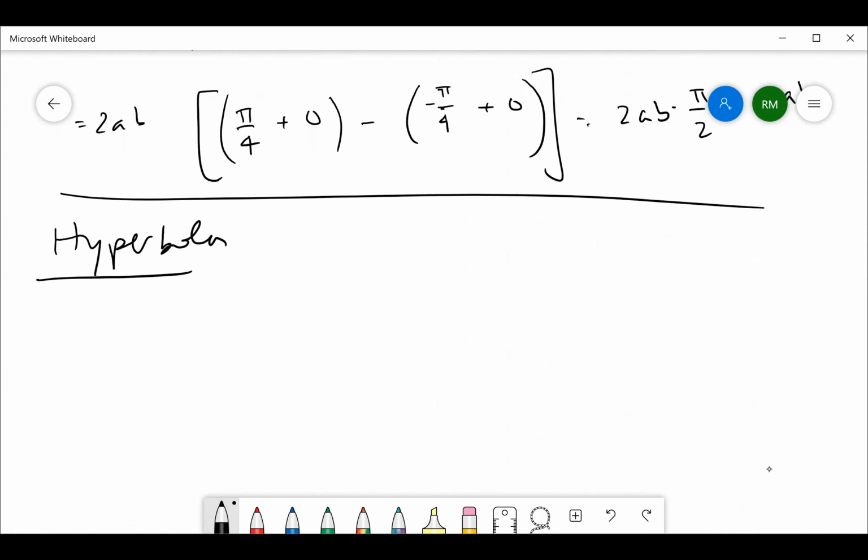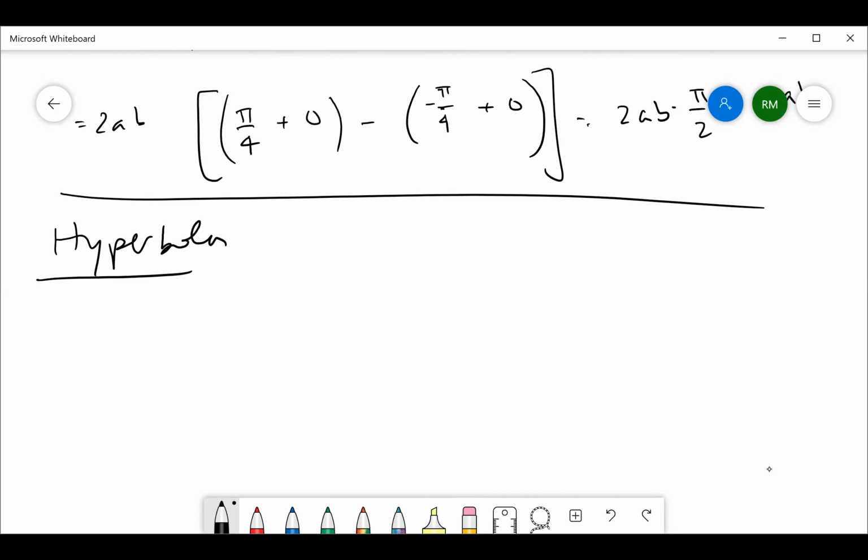So let's switch to the last of the conic sections that we're going to talk about, and that's the hyperbola. So remember, for an ellipse, the sum of the distances between the foci and a point on the ellipse is fixed.